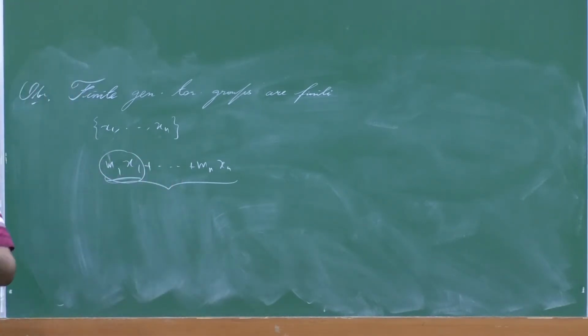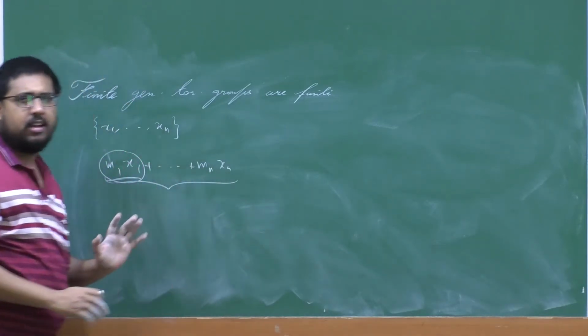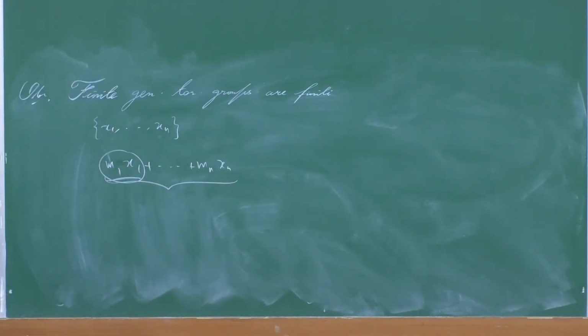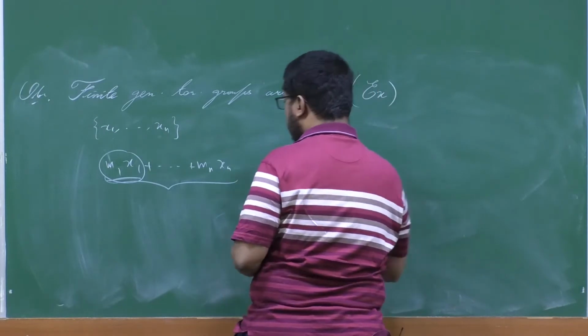Each of the summands, once you vary the coefficients, will keep repeating. So thus we will get finitely many elements. This is just the crux of the argument. The rest you can take as an exercise.